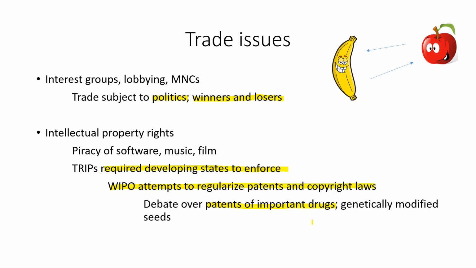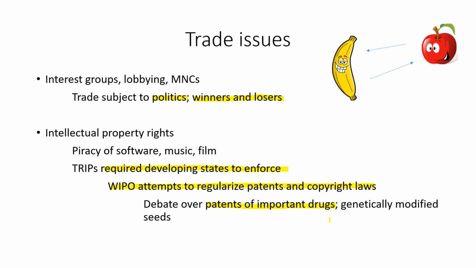Therefore you have to buy new seeds every planting season, which increases the profit of the corporation, but at the expense of poor countries that rely on agriculture and have to keep buying those seeds each planting season. So there's a debate over intellectual property rights as to how much they need to be maintained so the inventor can reap profits, as opposed to spreading it out and letting more people have access.